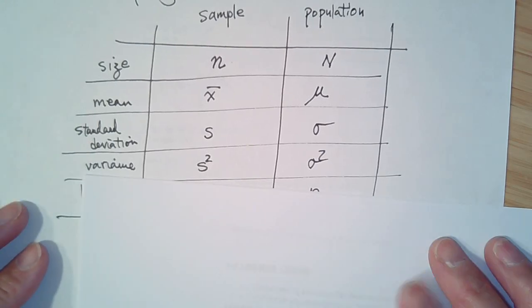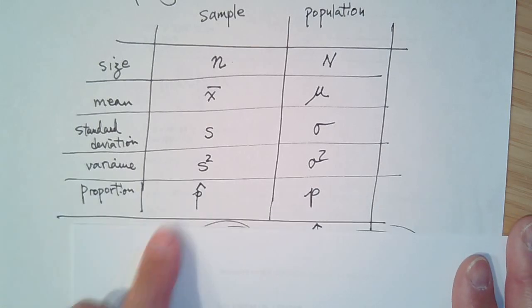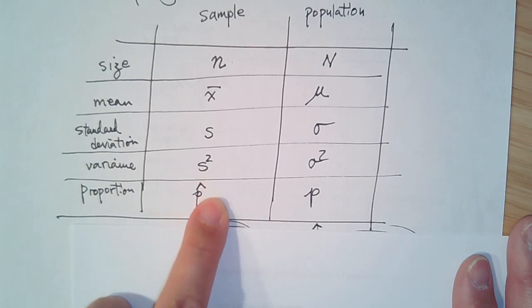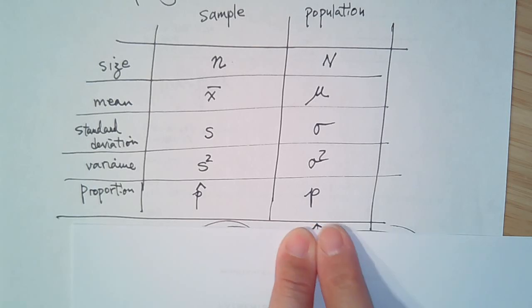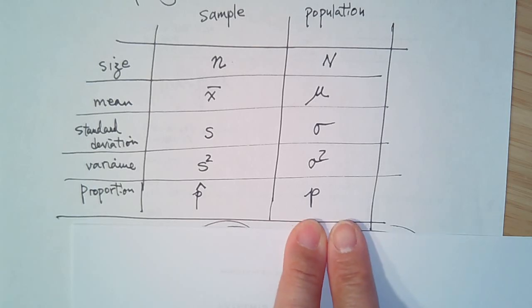What does that mean? That means if you get the sampling distribution of p hat, then the mean of the distribution of p hat should be the same as the population proportion.